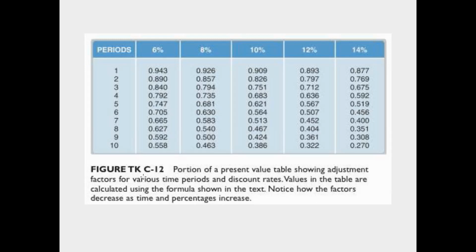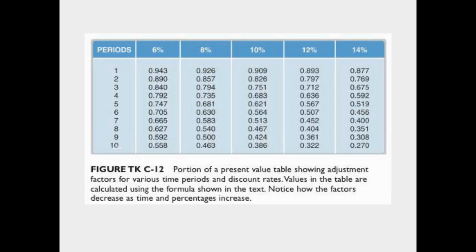In that particular case, with 6% interest, if you have 0.943 after 1 year, you will get $1. Similarly, if you have 0.558 with 6% interest, you will get $1.